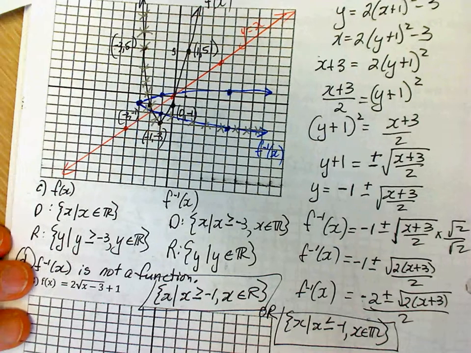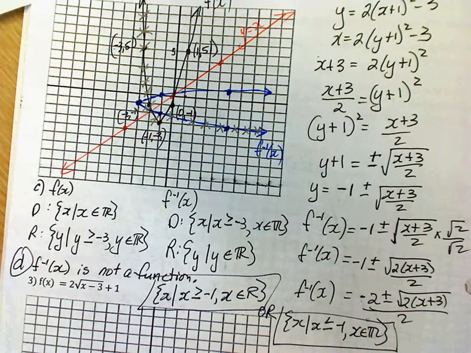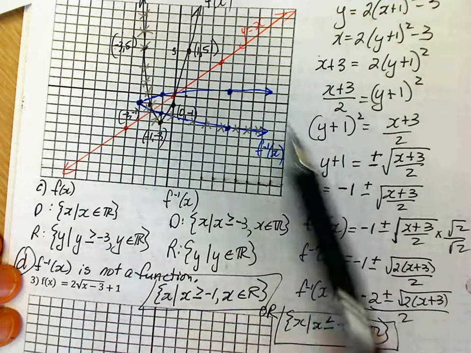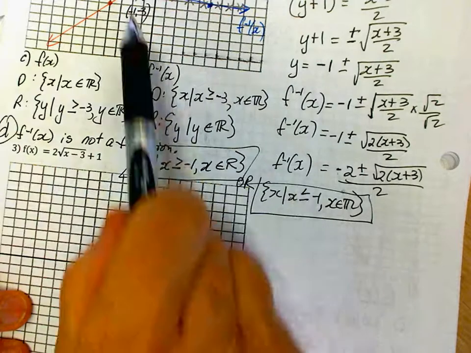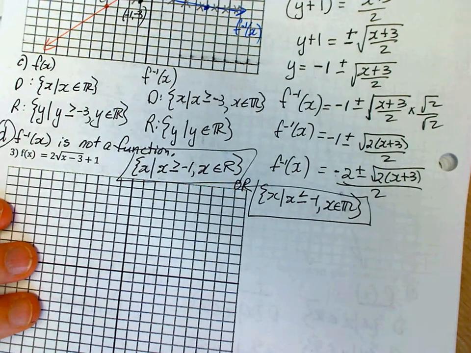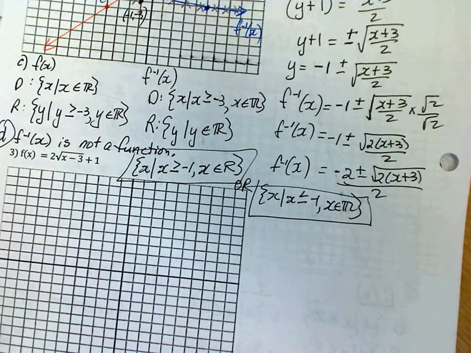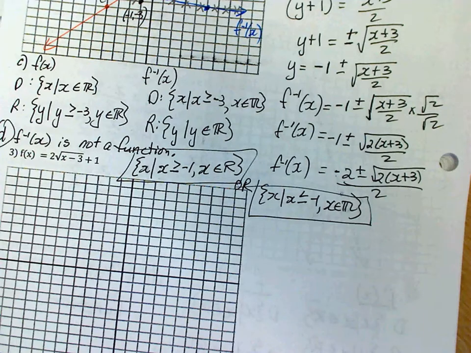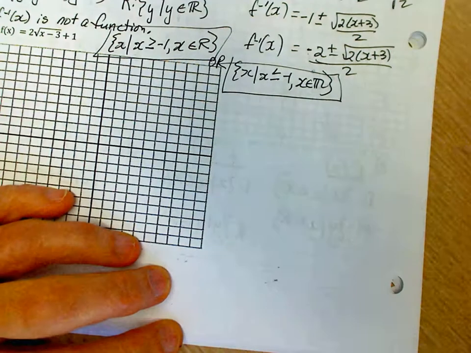You want to be able to represent an inverse function both algebraically and graphically. Will we always be able to graph it that way? Yes, where you just swap the points. How would you do it with the equation? Oh, that's harder because you have to sub in 0 and find it. You might have to do that on a test. Okay. We still have to find it. You'll have to be able to use both methods.